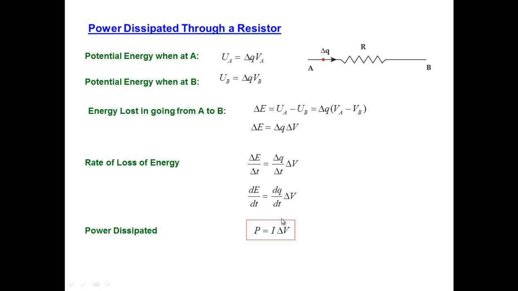One other thing that's useful to do is to use Ohm's law to substitute in for delta V. If we have a resistive element and we know that delta V is equal to I times the resistance, then I times IR gives us I squared R. So from the standpoint of a resistor with resistance R, if I know the current flowing through it, I can calculate directly the power that it dissipates. We'll use these formulas after solving circuit problems to figure out how the power is dissipated in the circuit. I will see you in class.